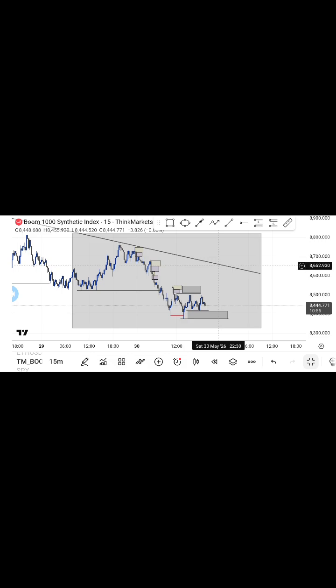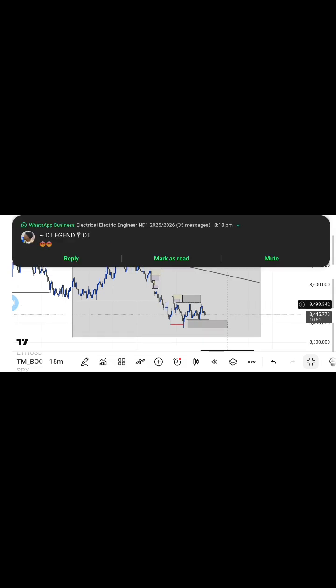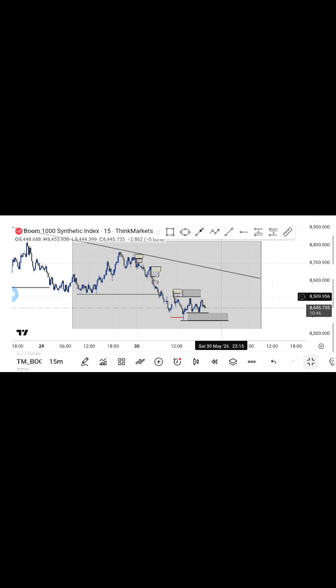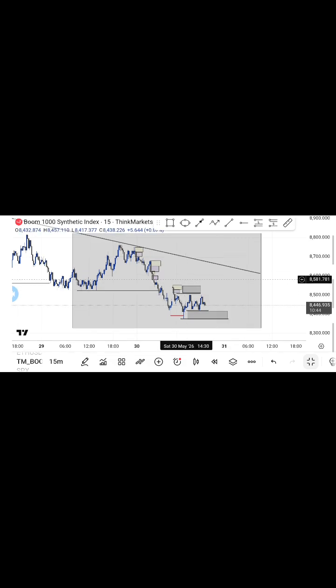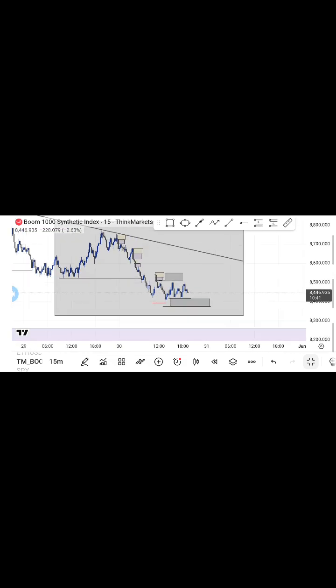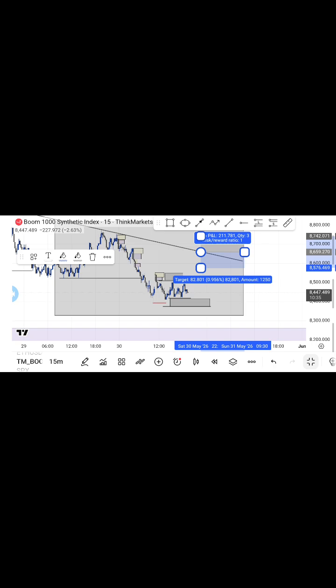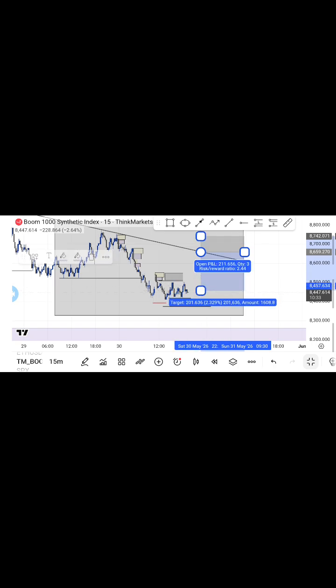So if it respects our trend line, for example, then we look for a short. So it's just like two options. Let me draw it so you really understand what I'm saying.